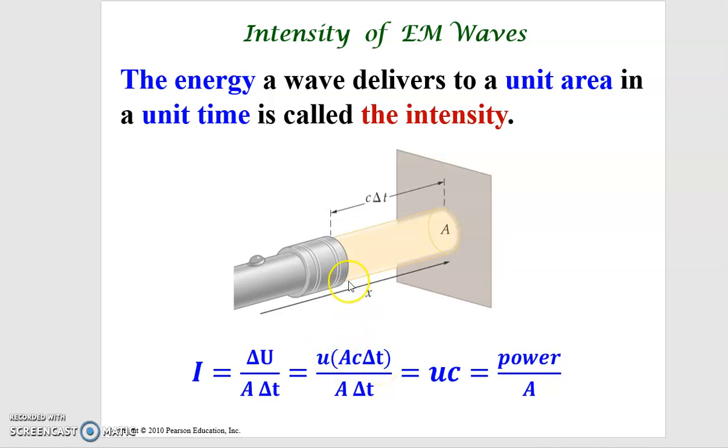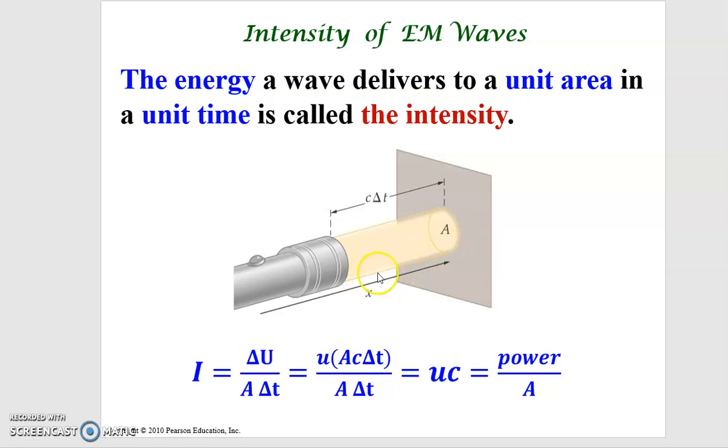We know that the light will propagate from the source and hit the cross-section area here, and the total time it lasts is delta T. Therefore, the volume here is the cross-section area multiplied by the distance from the source to the cross-section area.